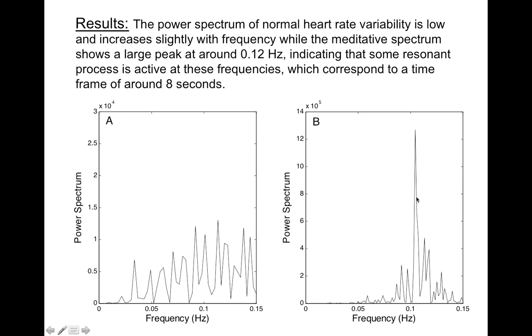It corresponds to about 0.12 hertz or 8 seconds. So something is going on during meditation with the heart rate variability. It's fairly low under normal cases and then increases with frequency during meditation.